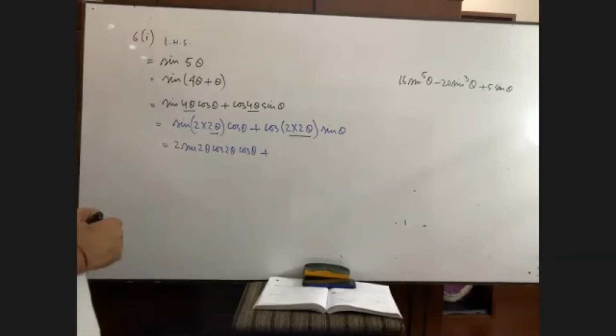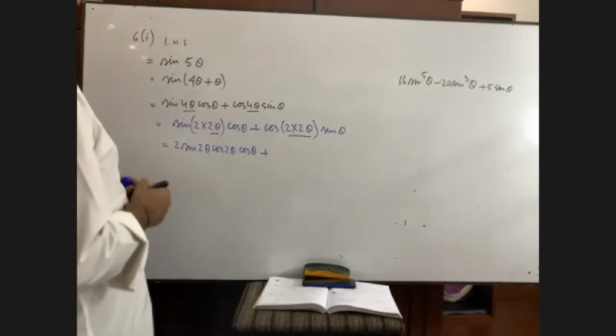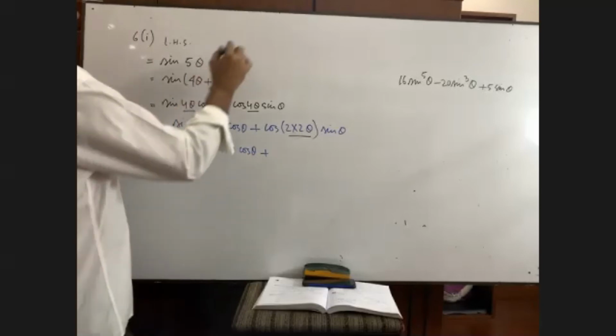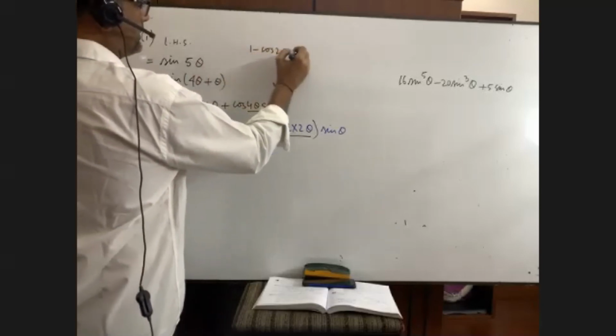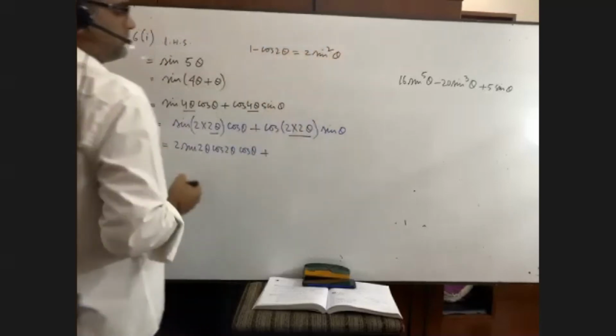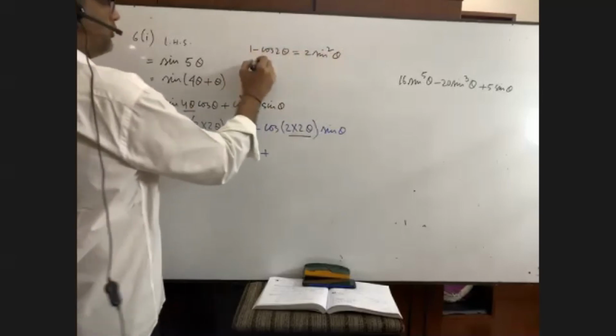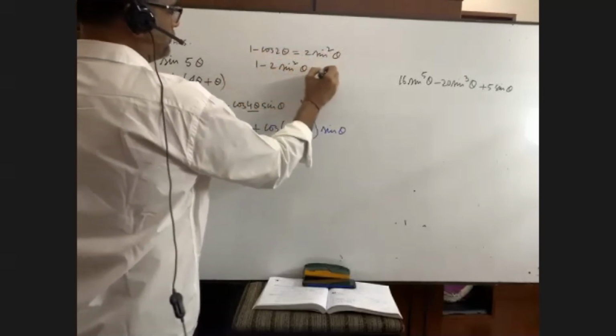Now, what is the formula of cos 2 theta? 1 minus 2 sine square theta. In terms of sine, cos 2 theta is equal to 1 minus 2 sine square theta.